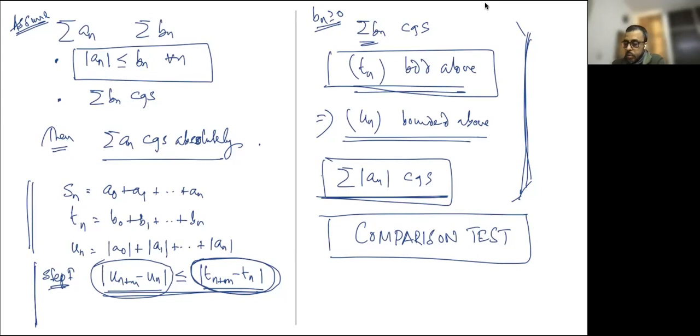We'll look at one or two more tests for convergence. What all these will help us do is, as I said in the beginning, series help us talk about infinite sums. That in turn will allow us to talk about various functions that you have encountered in the past.